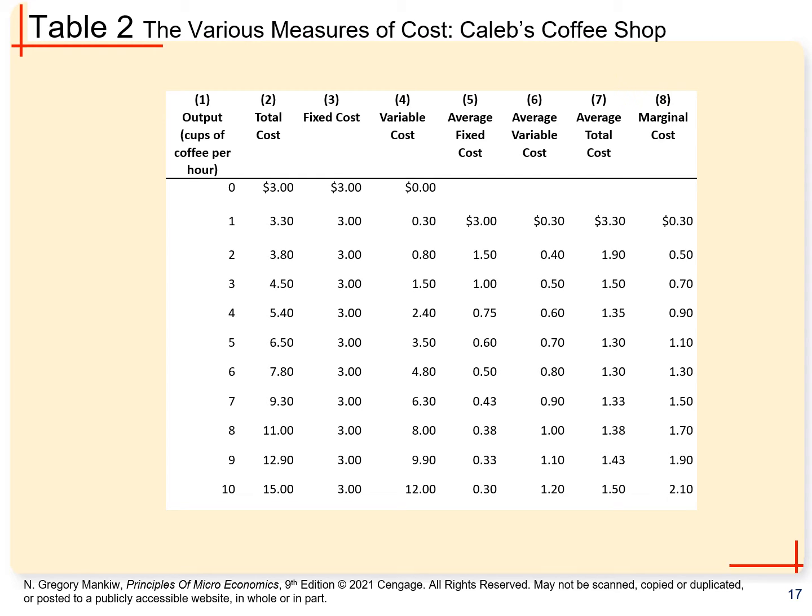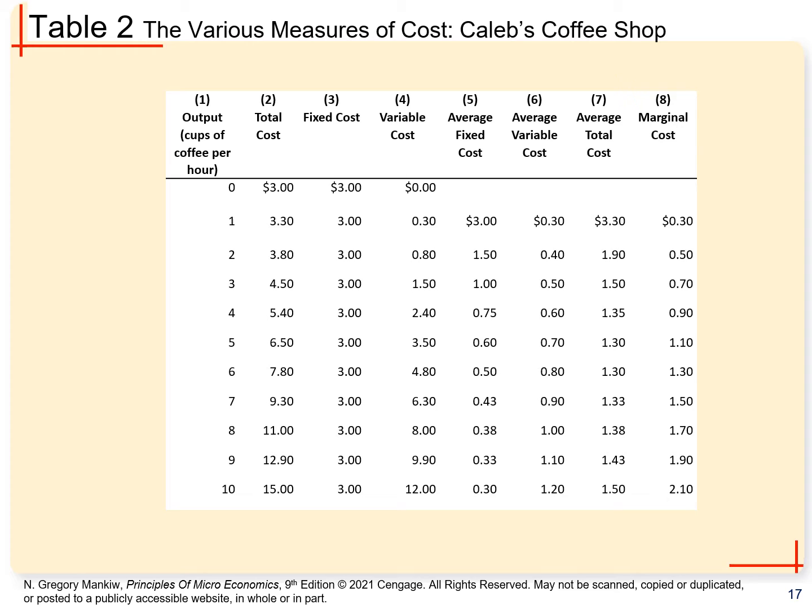Let's say it cost him $3 to open up the coffee shop, whatever coffee makers he got, and it just stayed the same. The variable cost, the more coffee you make, you need more coffee beans and so on. That goes up, it changes.